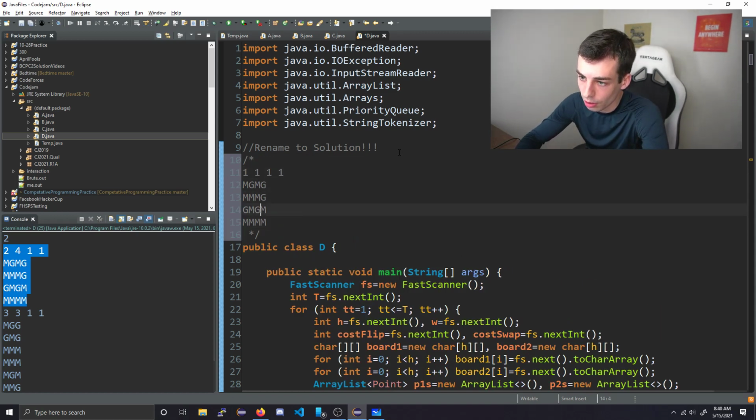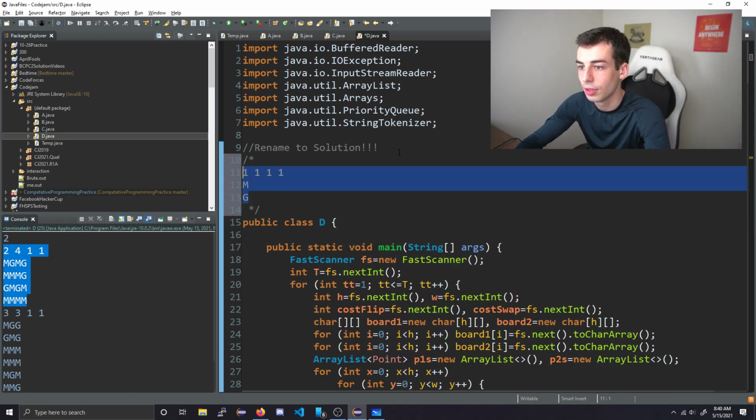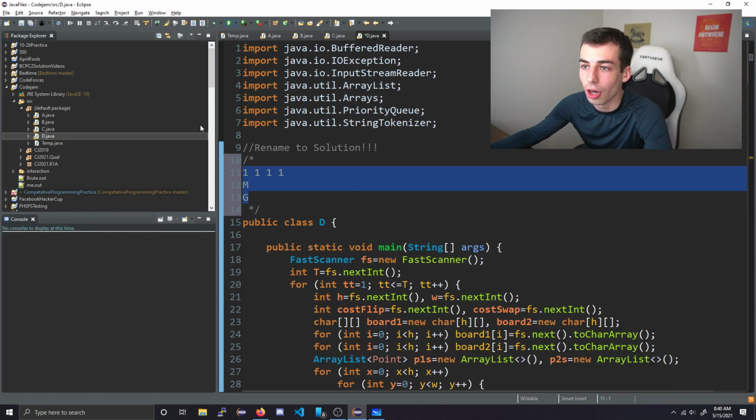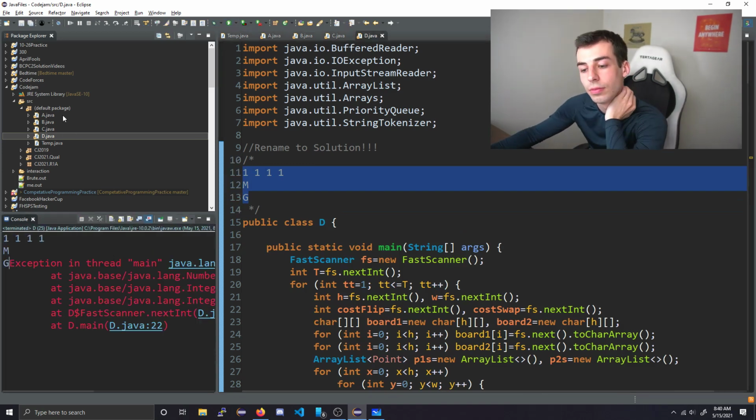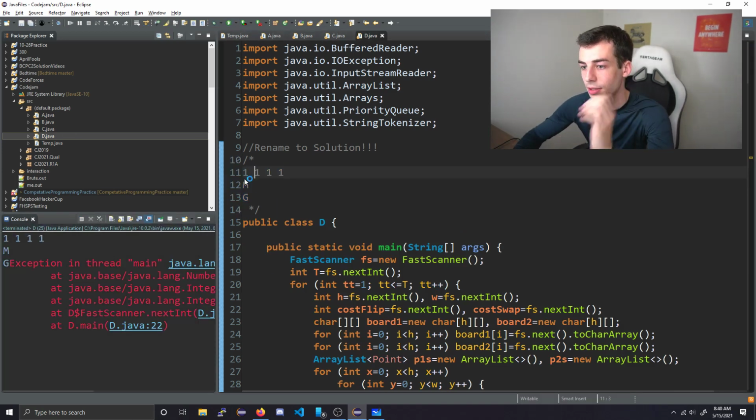Times 1 by 1, and we get m to g should cost 1. One test case.